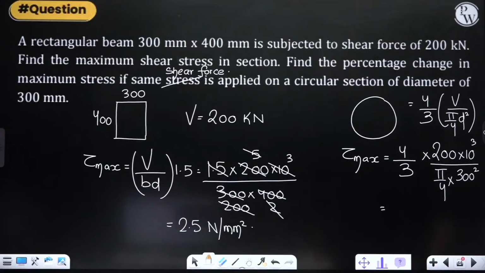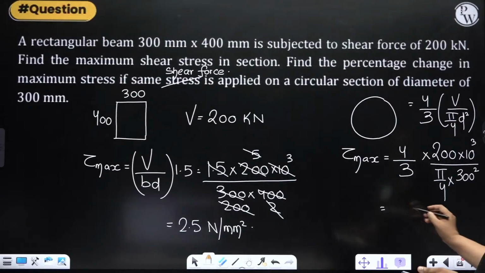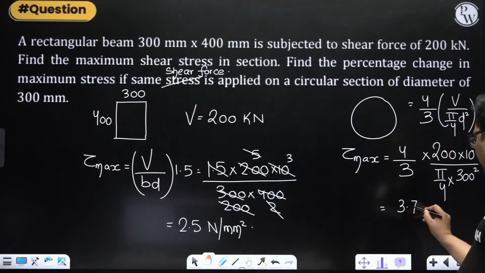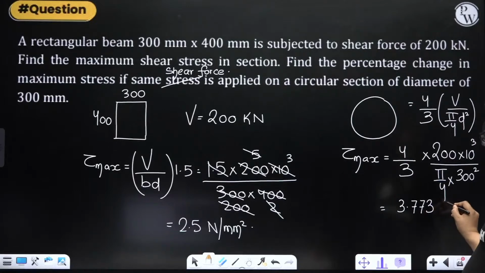So for the circular section, how much are you getting? 200 into 1000 divided by 300 square divided by pi. 3.77. It is 3.773 Newton per mm square.